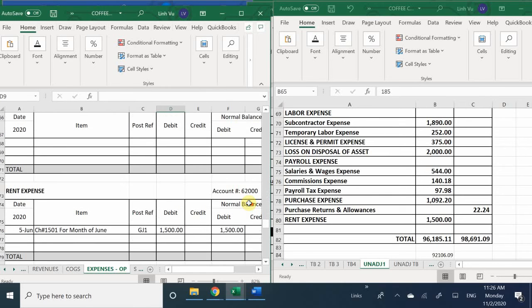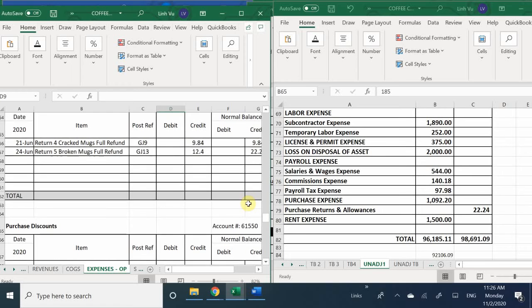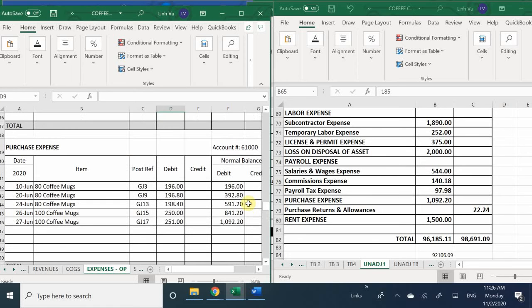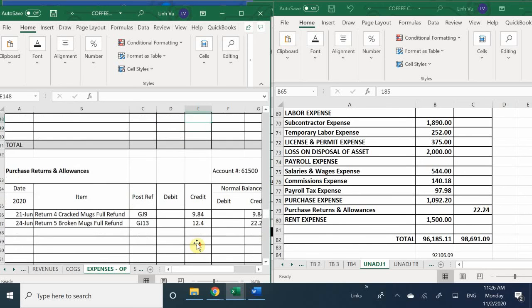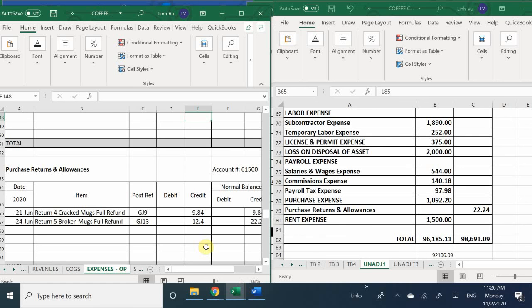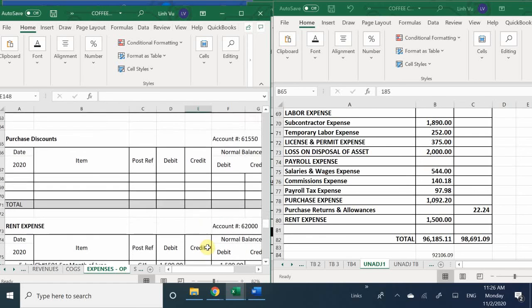Payroll tax expenses. Purchase expense is right here. Is there a change in the purchase expense? 1092.20. Okay, no, it's the same. And then purchase returns and allowance is the same for 22. And then rent should be the same.